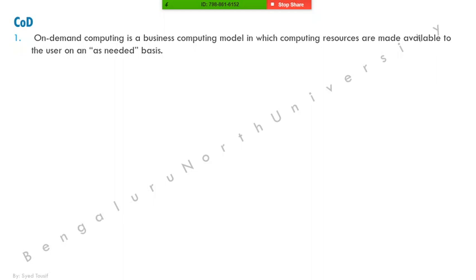Example, Big Billion Day or the Indian Great Festival, there is some limit for how many users can use the application. If it reaches more than that, then they require an extra amount of resources, like CPU or CPU cycles or memory.